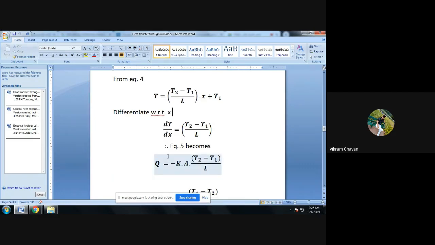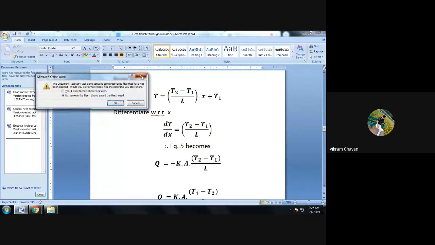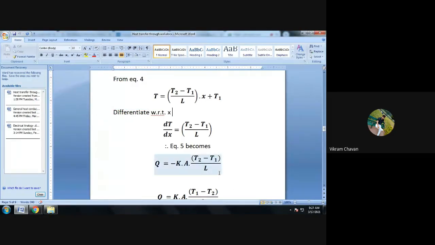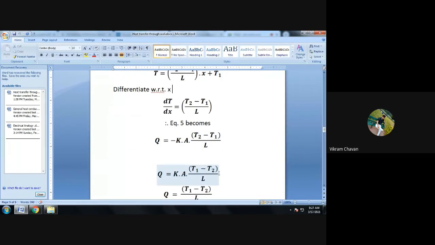Q is equal to minus K multiplied by A multiplied by (T2 minus T1) whole divided by L. In the next step, we have to absorb this outside negative sign inside the bracket.